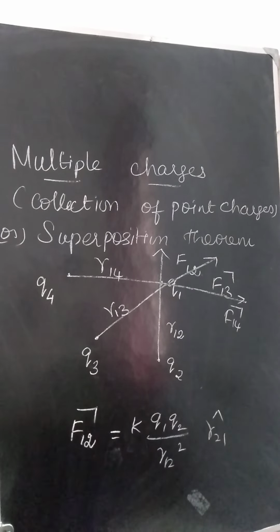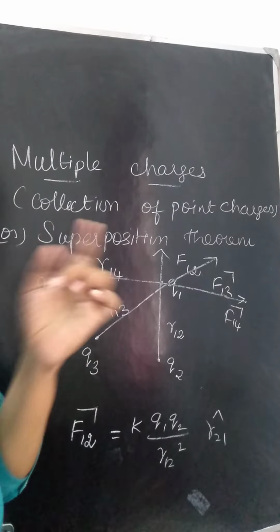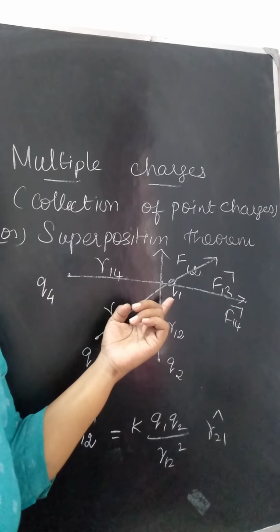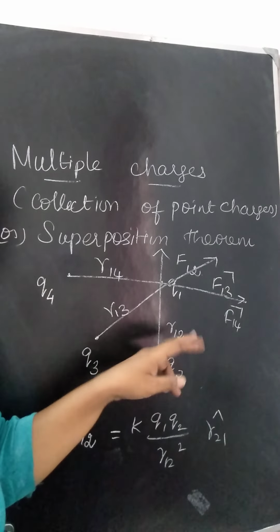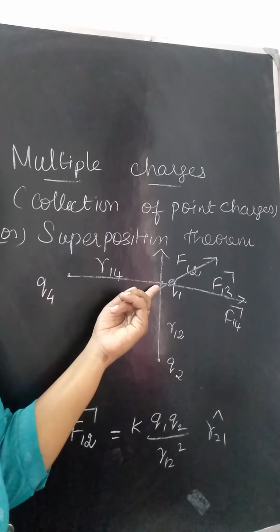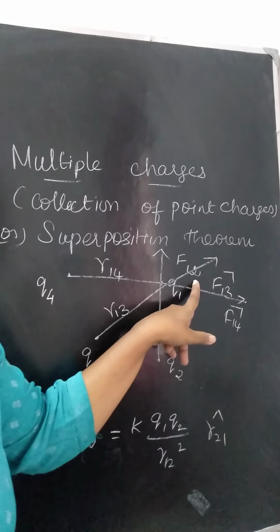Clear? So whatever the number of charges present, the initial first charge I kept is Q1. So Q1 is the first charge, and I am keeping Q2. Then I am finding the force due to Q2 that Q1 experiences. Q1 experiences the force due to Q2, F12.